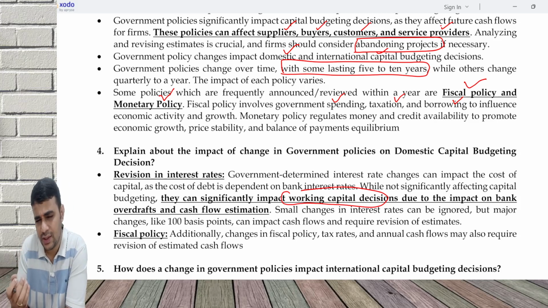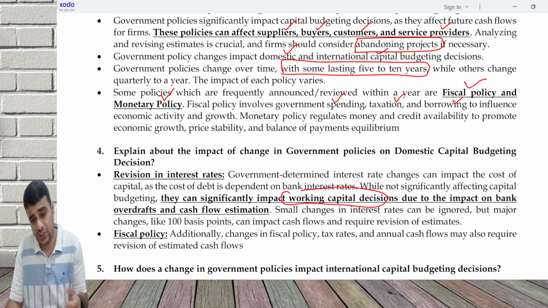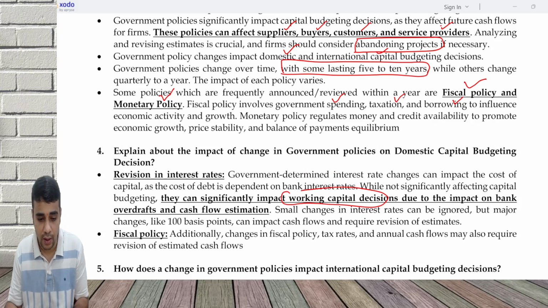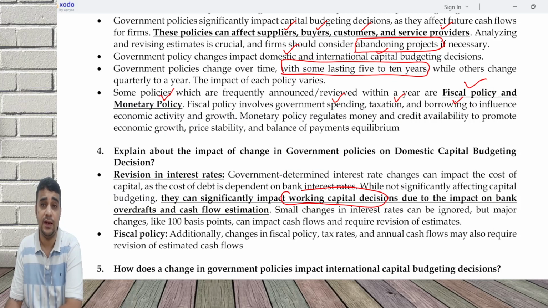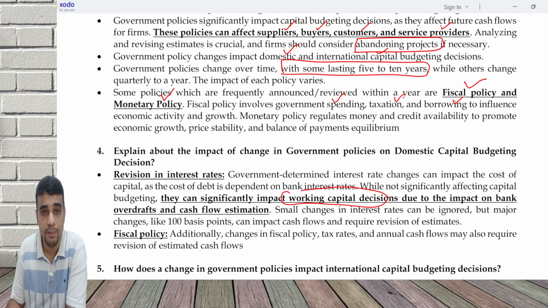If there is a small change, I can ignore it, as the impact may not be that much. But when there is a significant change, it is going to have a lot of impact on my decision making. So a significant change is a big problem, while a small change can be ignored.